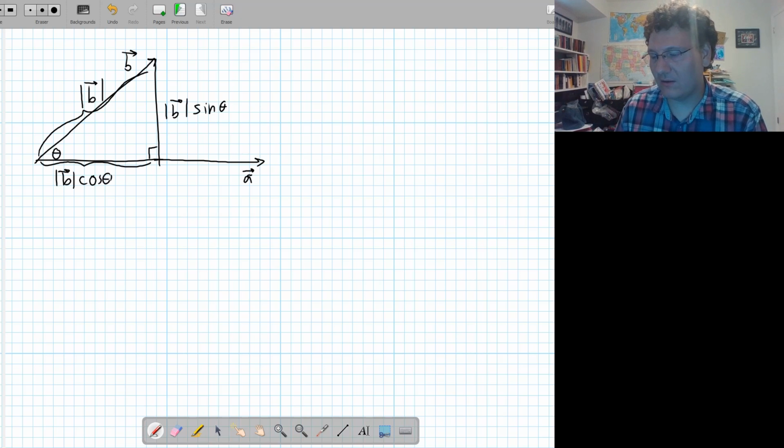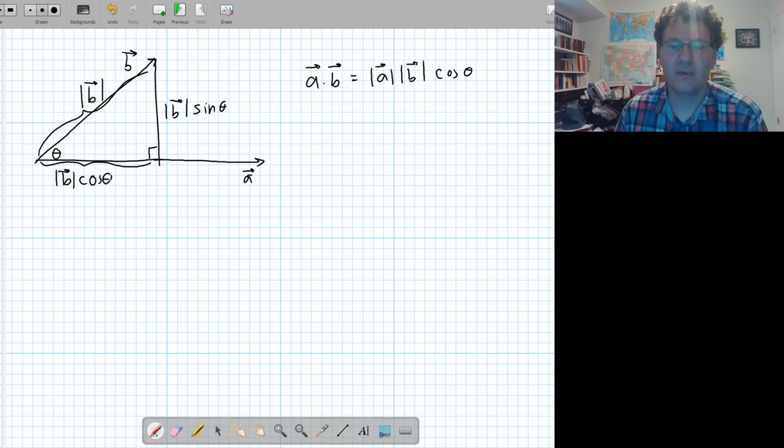We can rewrite the projection using other notation. As we had before, from the theorem above, a dot b is magnitude a times magnitude b times the cosine of theta.